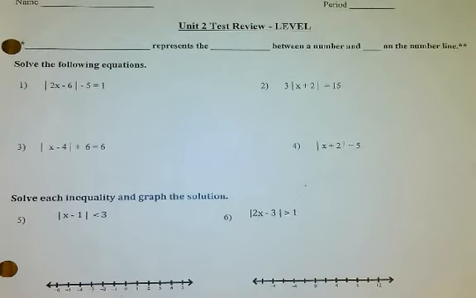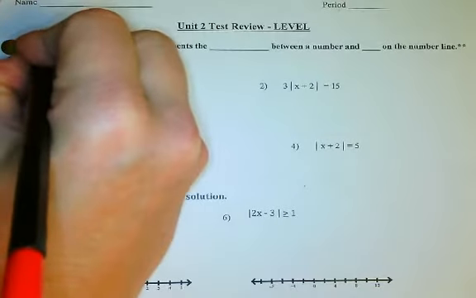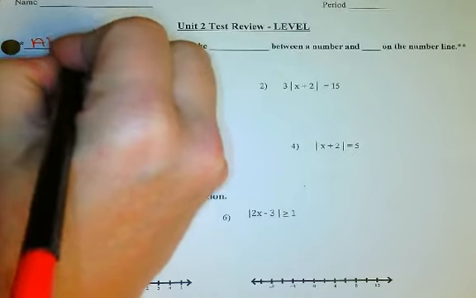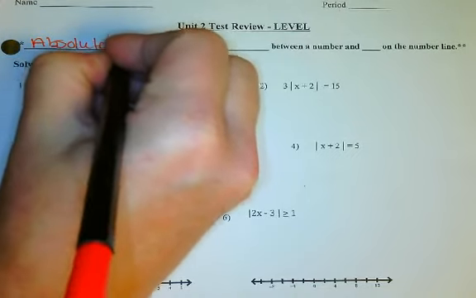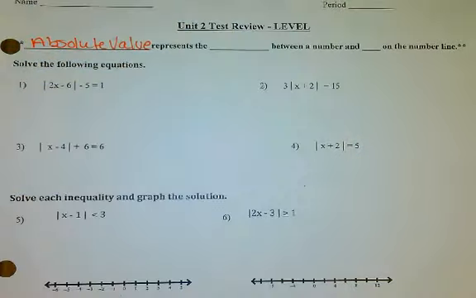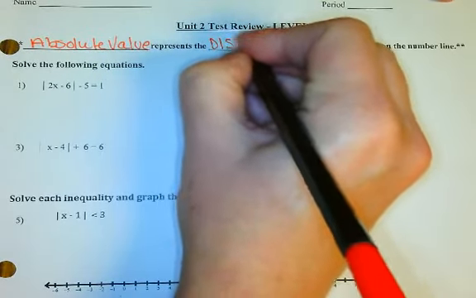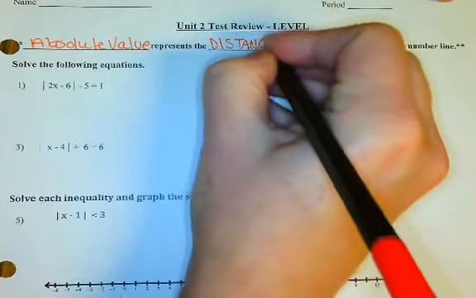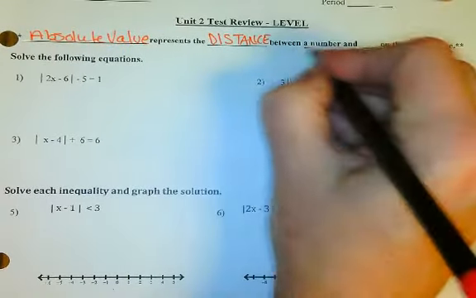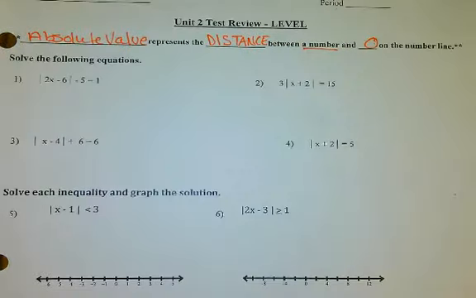Okay, this is the review video for Unit 2, absolute value. So the main thing you need to understand about absolute value is that absolute value represents the distance between a number and 0 on the number line.